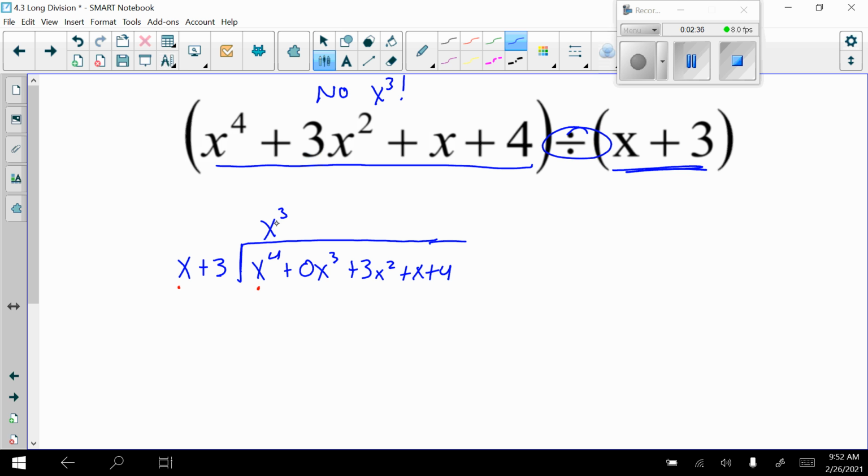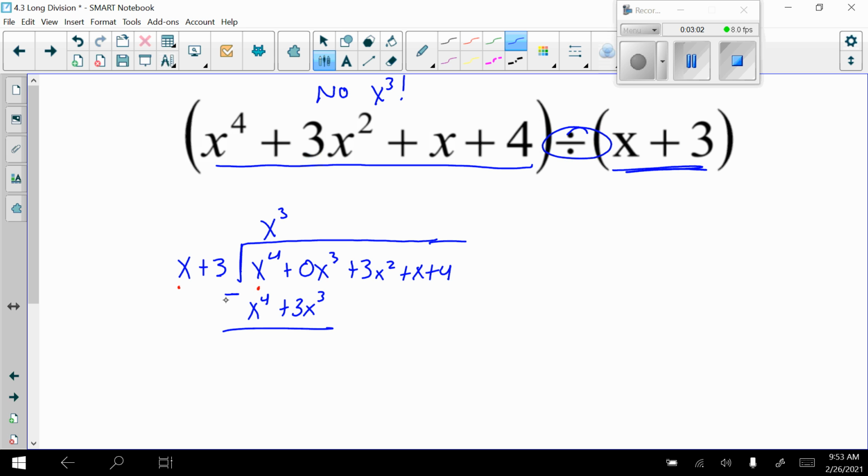And then what I'm going to do is multiply x cubed by each one of these pieces in my divisor. So I'm going to do x cubed times x. That's x to the fourth. And x cubed times 3 is plus 3x cubed. And maybe you remember from doing long division back in elementary school, once you get to here, you're going to subtract these things.